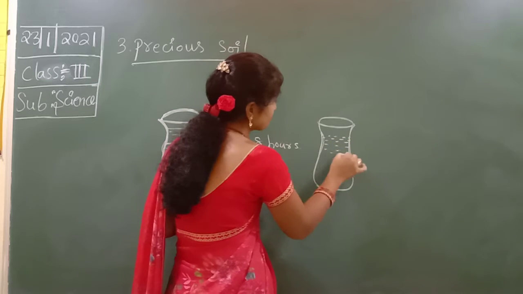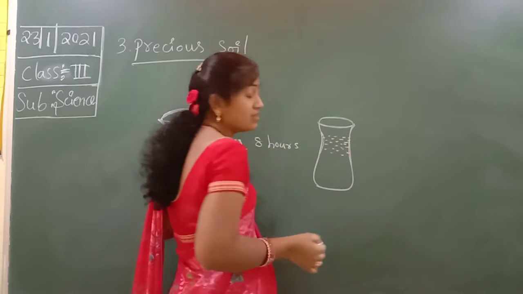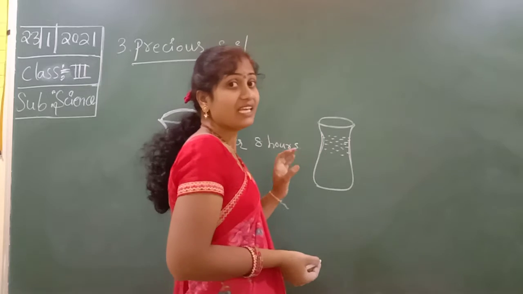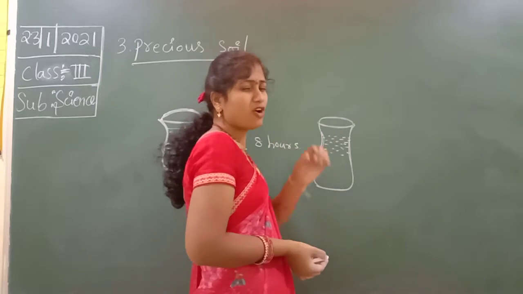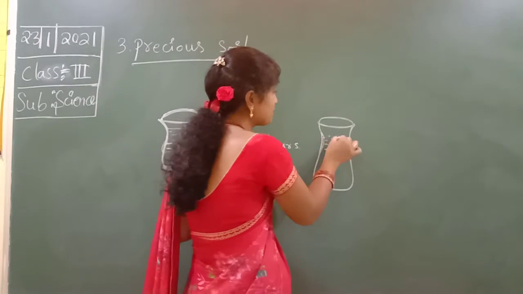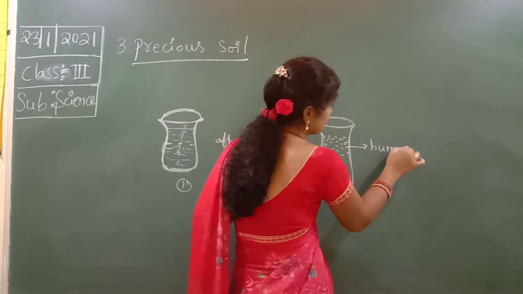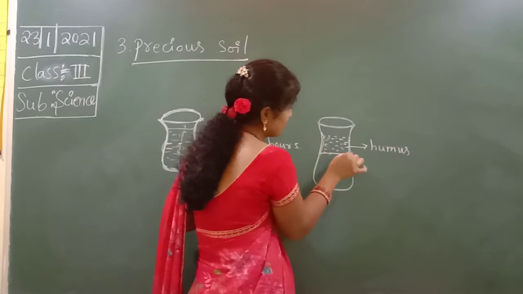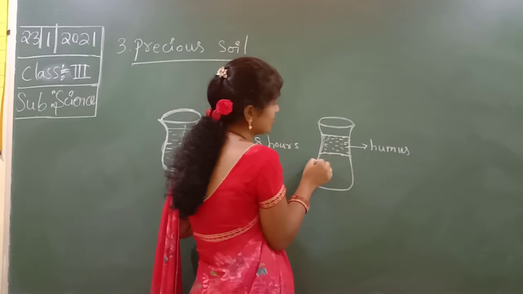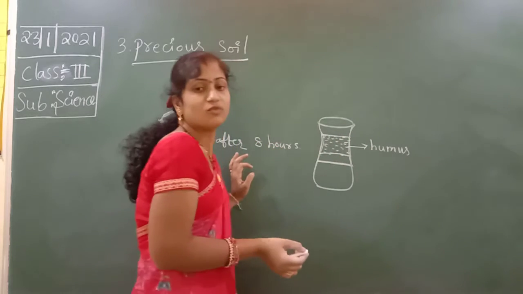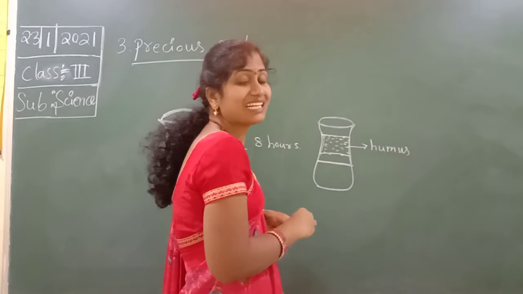What will happen? Small dead and decaying plants and animals, small insects are there, only at the top. So this is called humus. This is the top layer. Next, the second one, clay.